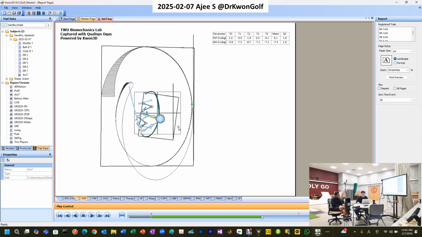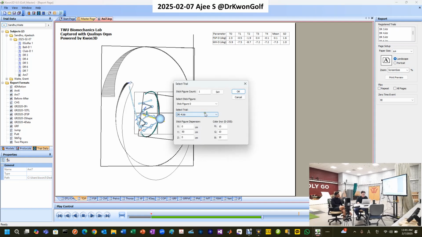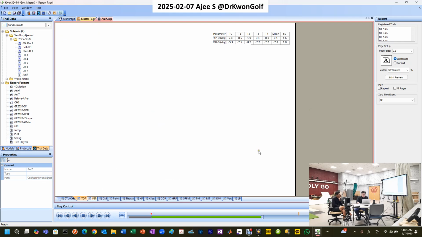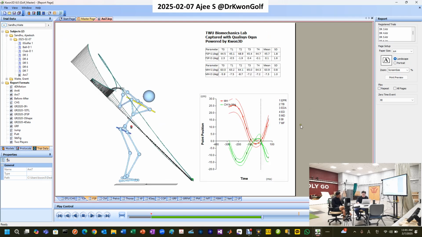If you go to the top view here, if we use the first one, it looks like this. The swing plane is inward, but your hand motion plane is outward. So it is important to maintain good consistency in terms of slope and direction. But these standard deviation values are relatively large compared to typical professional players.